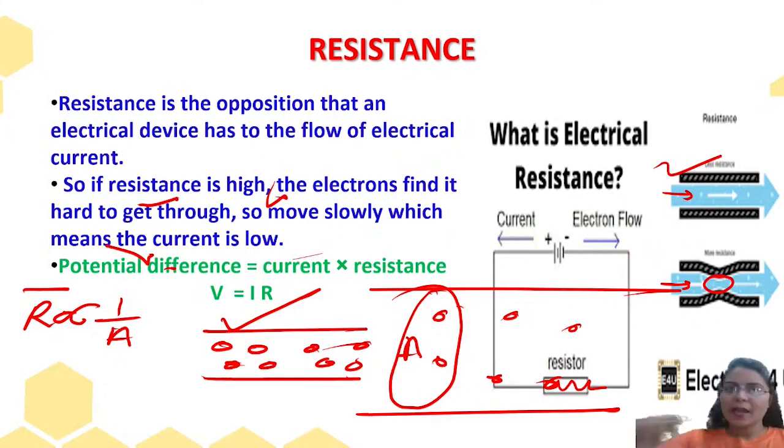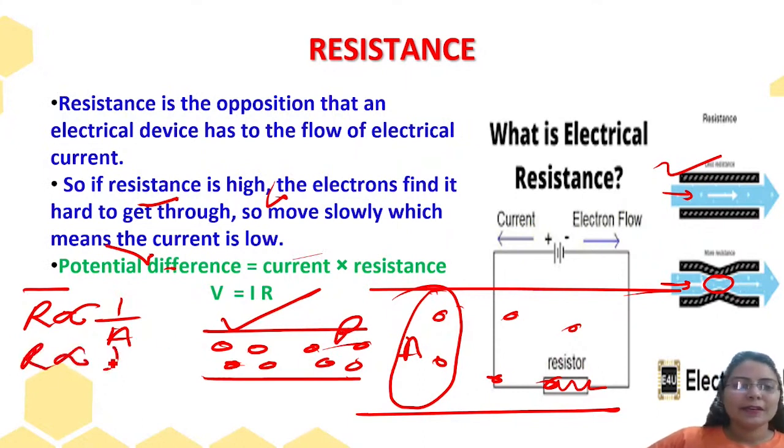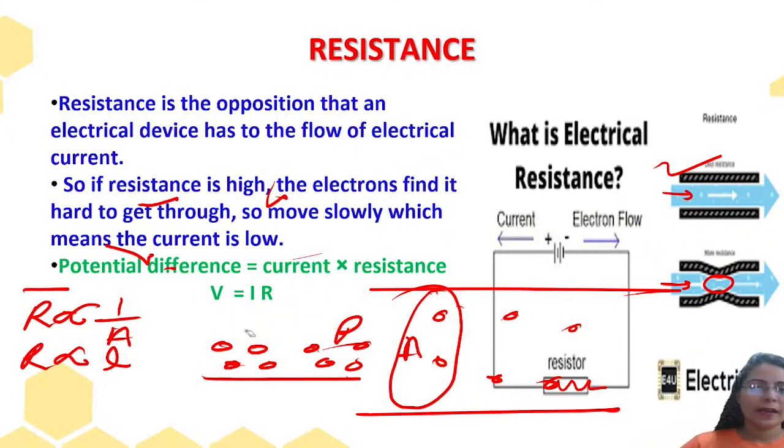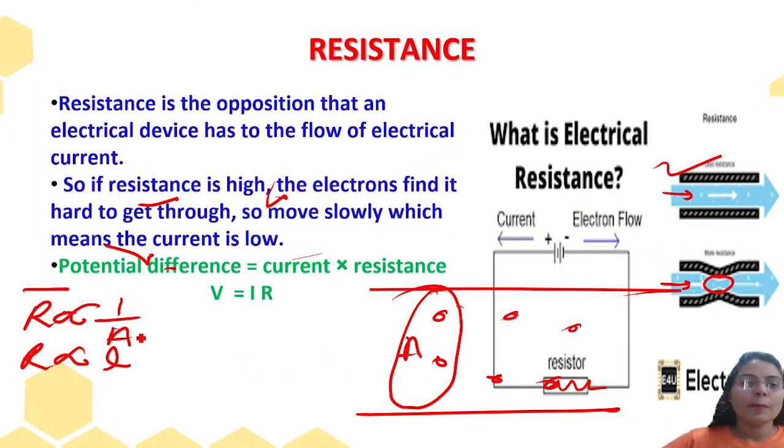So if the length of the wire is increased, what will be the effect on its resistance? Correct. Resistance will increase with length, so R is directly proportional to the length of the wire.